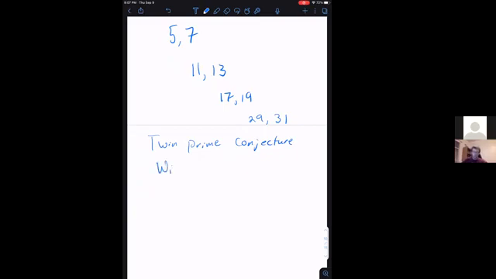Will there always be twin primes no matter how high I count? That's what the twin prime conjecture is. So if you want to look it up, go ahead. I thought I'd mention it.